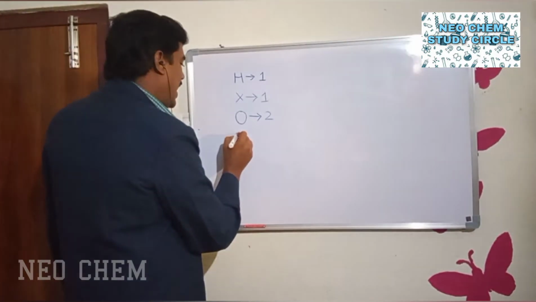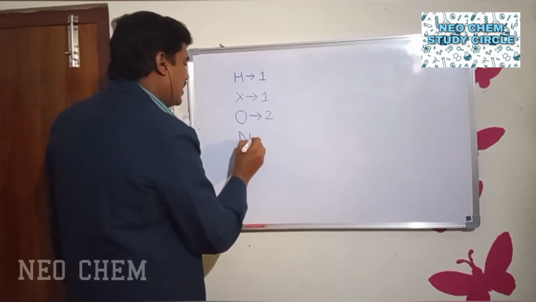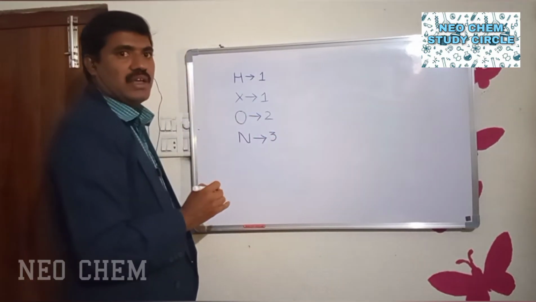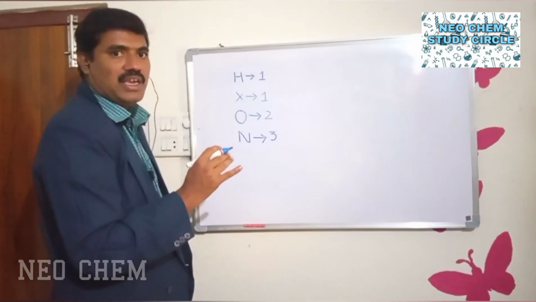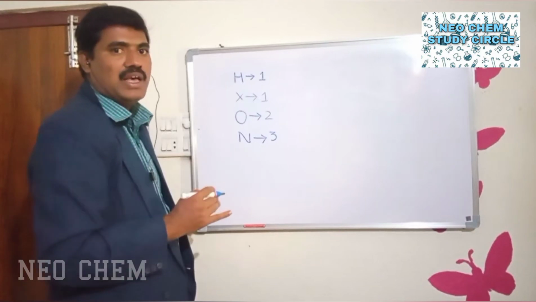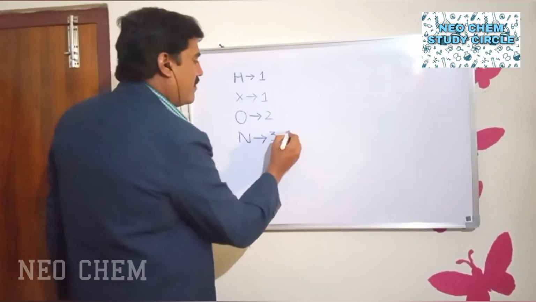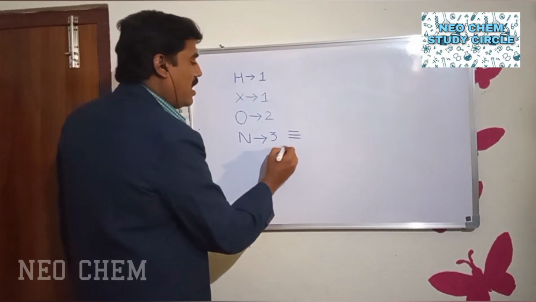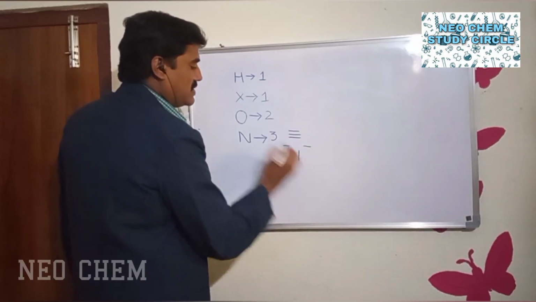Next, nitrogen's valency is 3. The valency 3 may be either in the form of a triple bond or in the form of 3 single bonds.